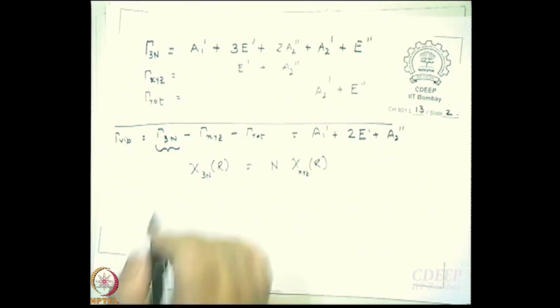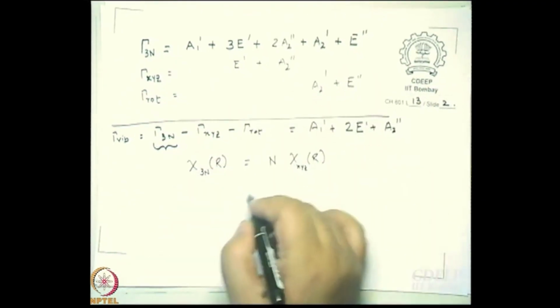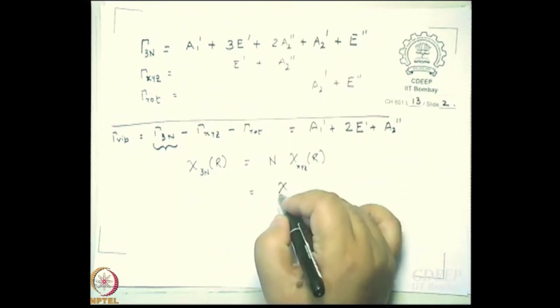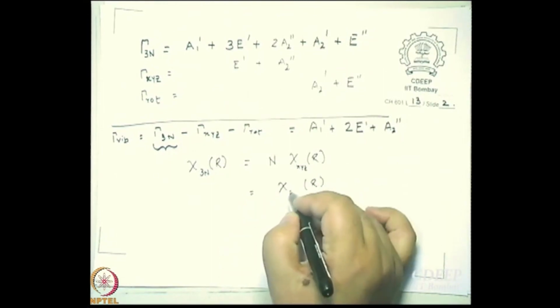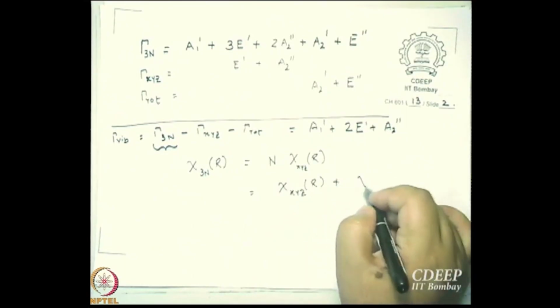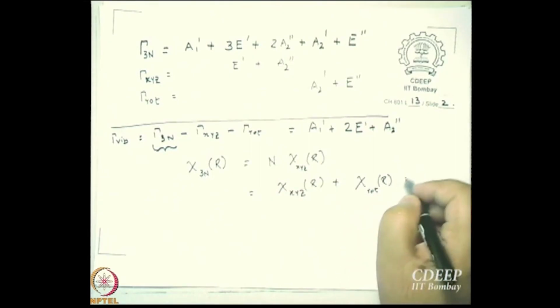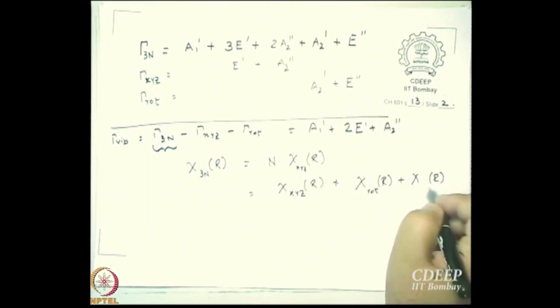Okay? So if I want, what is this equal to? This is equal to chi r of gamma xyz plus chi r of gamma dot plus chi r of gamma vib.